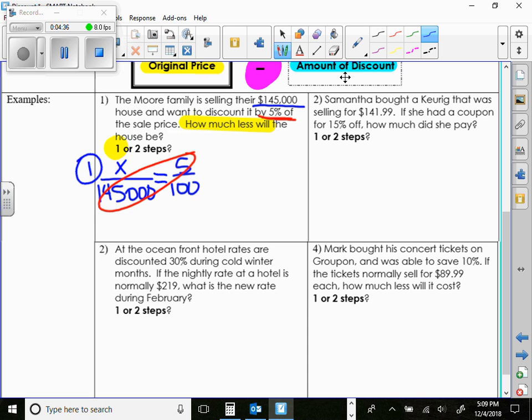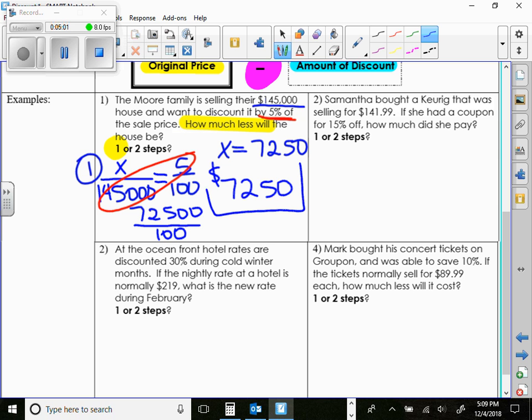So 145,000 times 5 is equal to 725,000. Divide by 100, and x is 7,250. So this is my x, but the answer to my question would be the house will be $7,250 less.